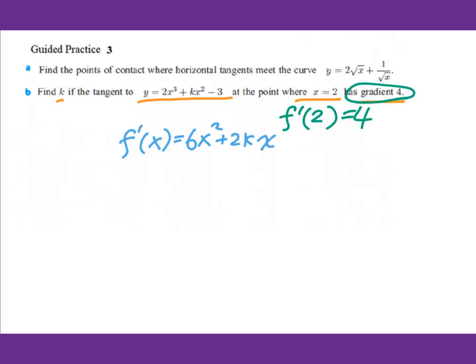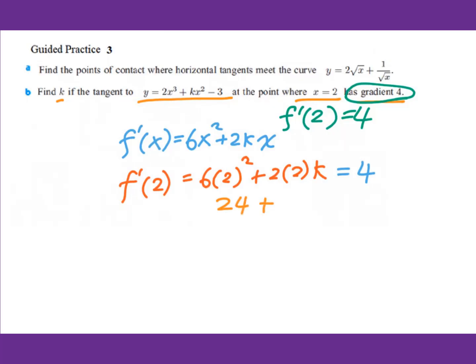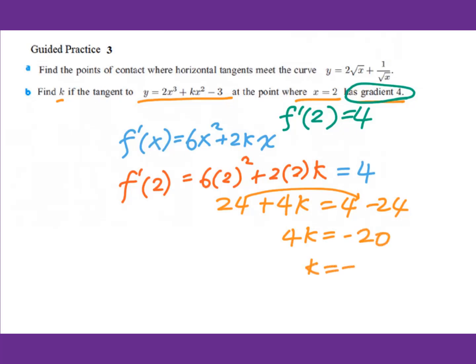Then we plug in, derivative of f of 2 equals 6 times 2 squared plus 2 times 2 times k. It will equal 4. This will be 24 plus 4k equals 4. So minus 24 both sides, 4k equals negative 20, k equals negative 5.